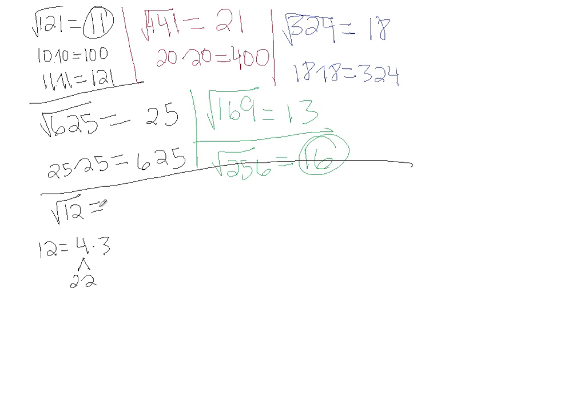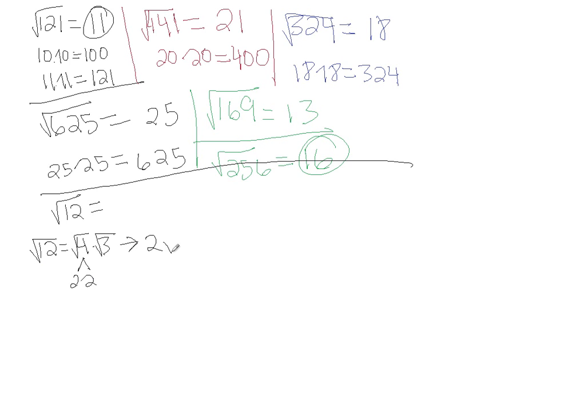So we can take the square root of 12 and write it as the product of the square root of 4 and the square root of 3. So the square root of 12 equals, what's the square root of 4? It's 2. 2 times 2 is 4.